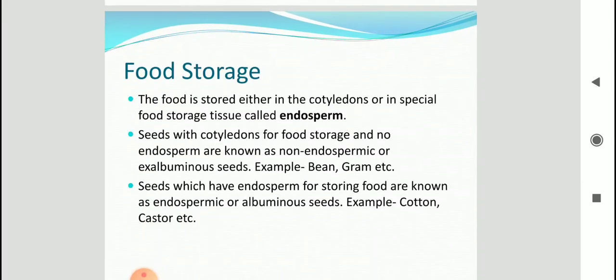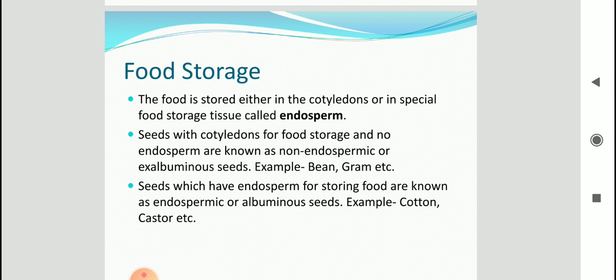The third part is food storage. The food is stored either in the cotyledon, as I told you, or in special food storage tissue called endosperm. Now there are two conditions. There are some plants which will have seeds with cotyledons for food storage, and there will be no endosperm. So we call them non-endospermic or exalbuminous seeds.